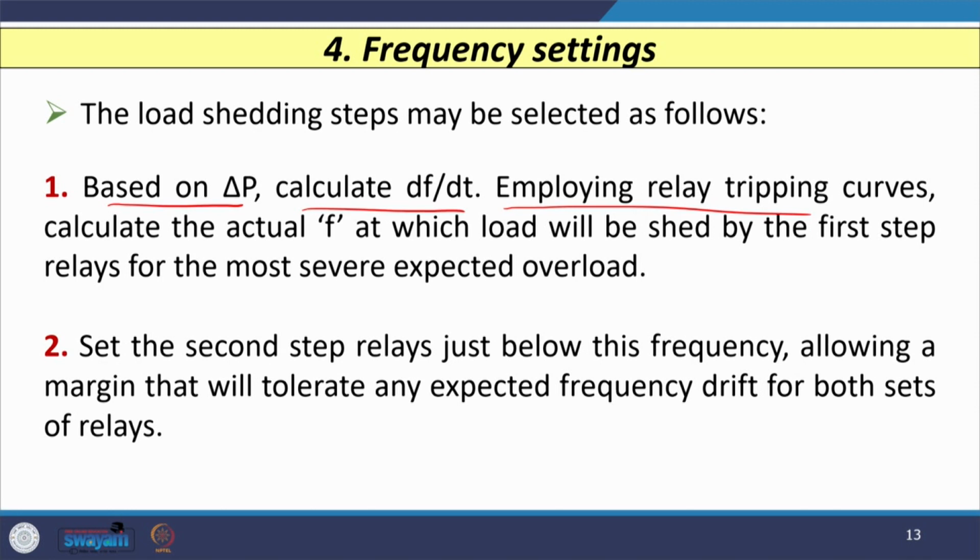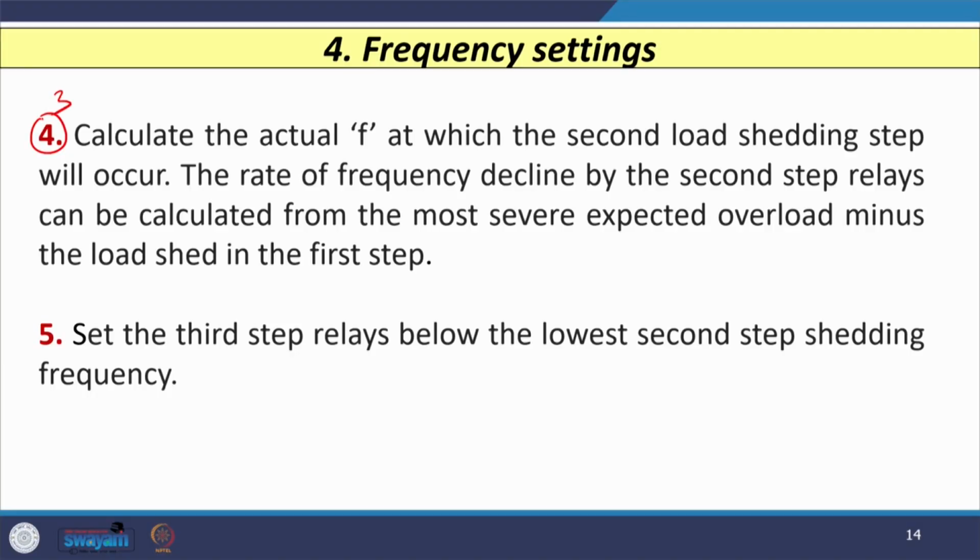In the second step, we have to set the second step relays just below the frequency, which allows the margin that will tolerate any expected frequency drift for both sets of relays. In the third step, we have to calculate the actual frequency at which the second load shedding step will occur.